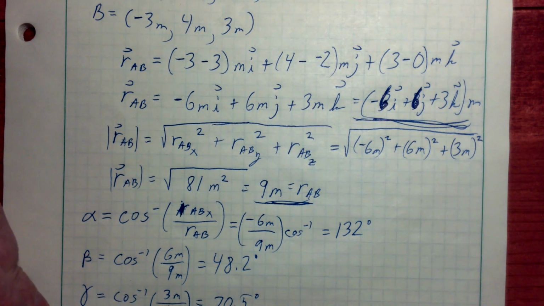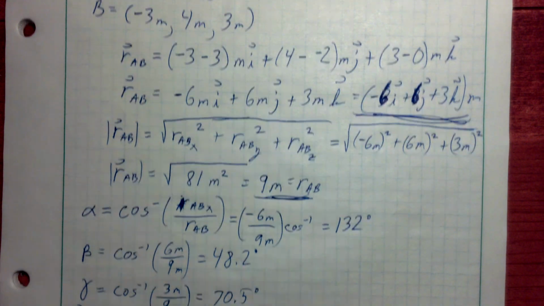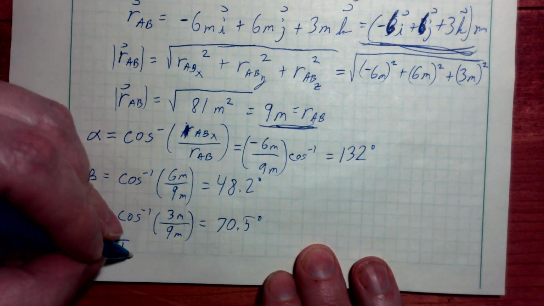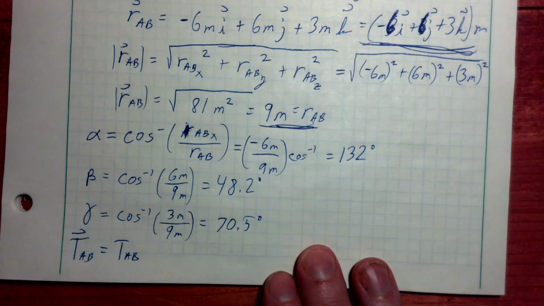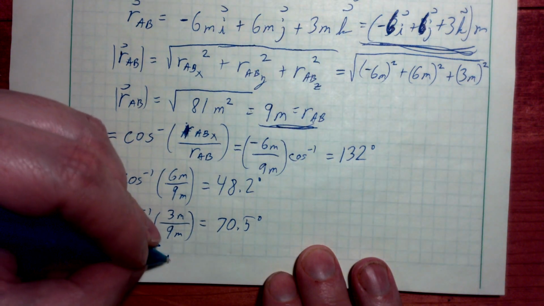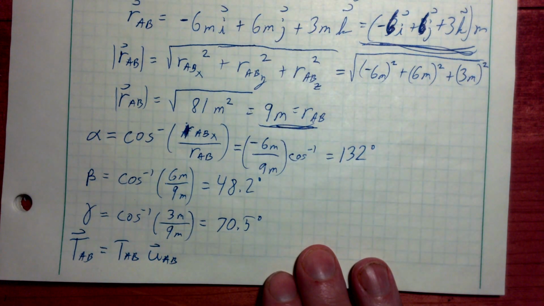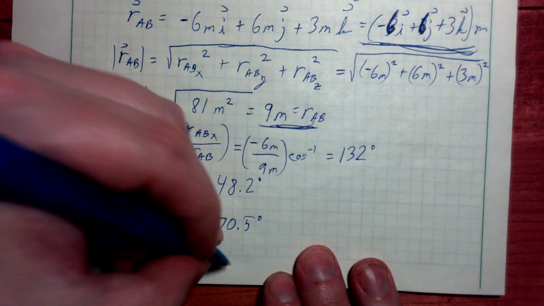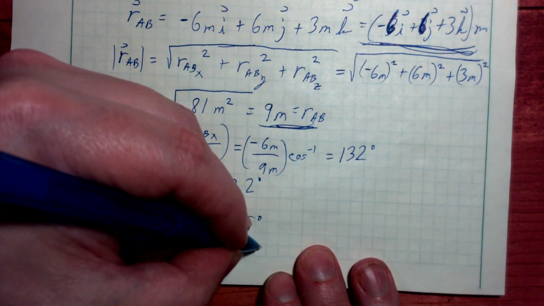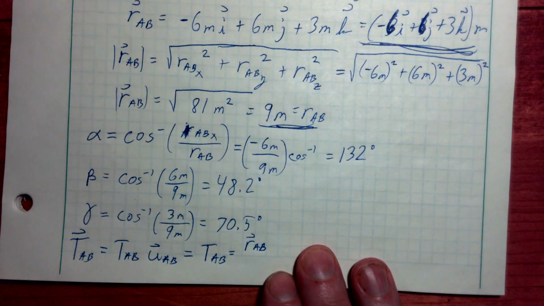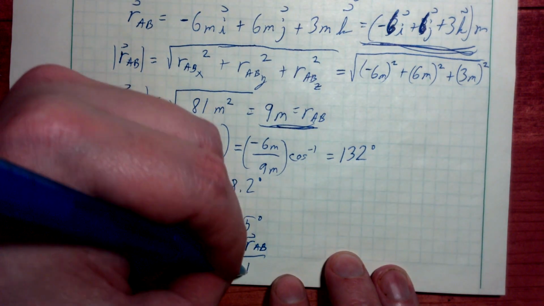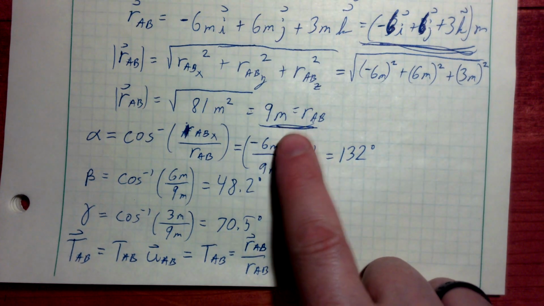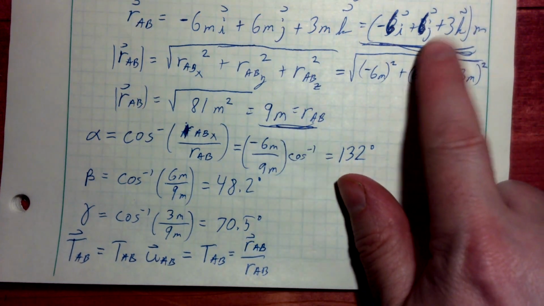Well, the tension in a cable from A to B would be the magnitude of that tension, T_AB, times a unit vector that goes from A to B. We can find a unit vector by taking the position vector from A to B, which I know, divided by the length of that position vector, the magnitude, which I also know. This is the magnitude, and this is the position vector here.